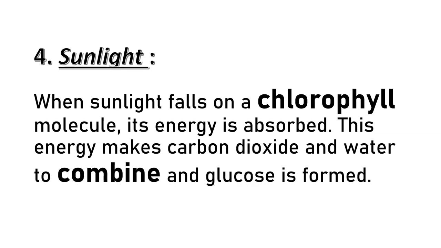Fourth and last raw material is sunlight. When sunlight falls on a chlorophyll molecule, its energy is absorbed. This energy makes carbon dioxide and water combine and glucose is formed.